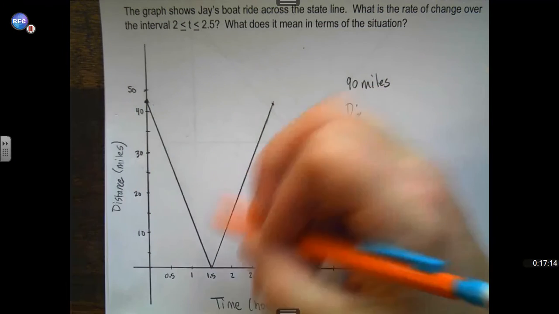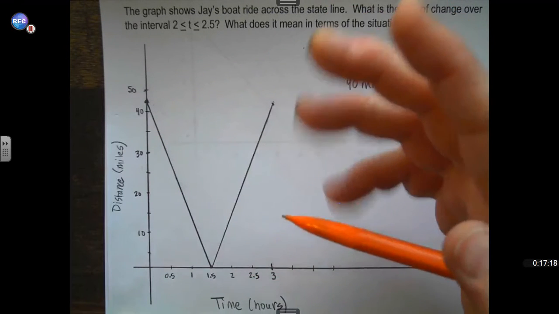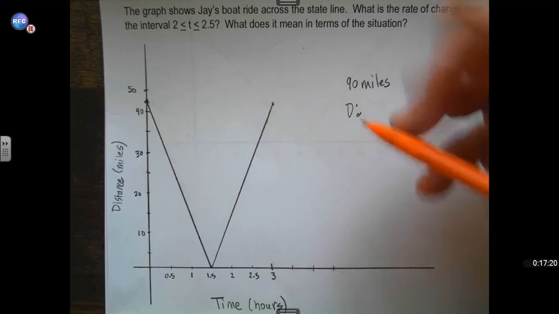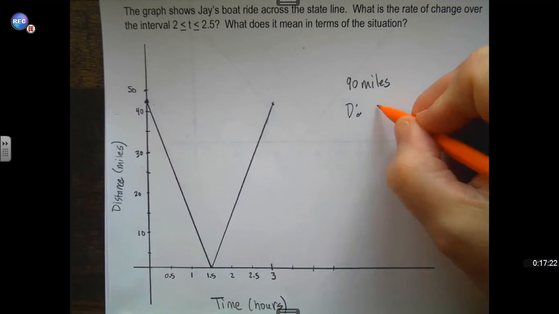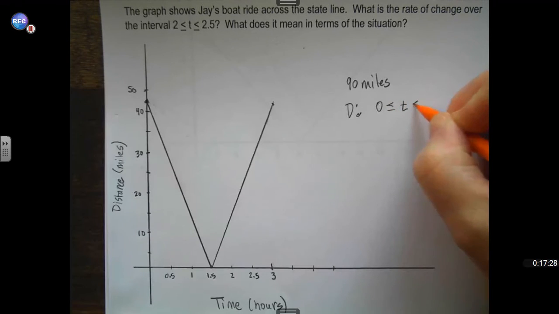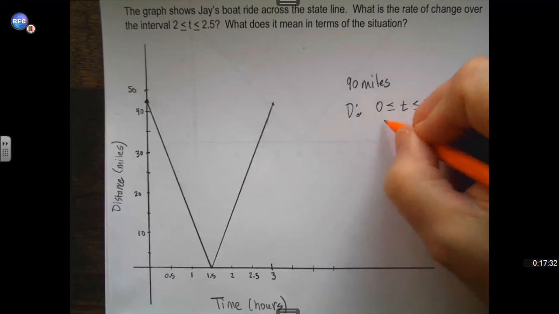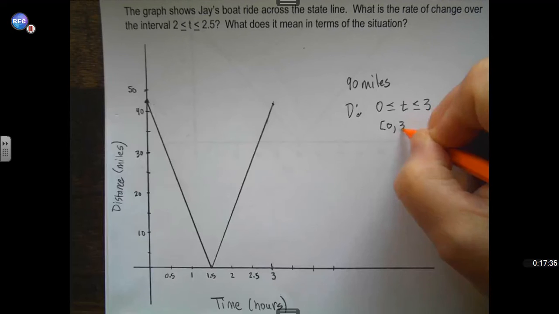Okay, the graph is from 0 to 3. That's his traveling time. Okay, so the domain is 0 is less than or equal to t is less than or equal to 3. If we were using bracket notation, we would say bracket 0, comma 3 bracket.